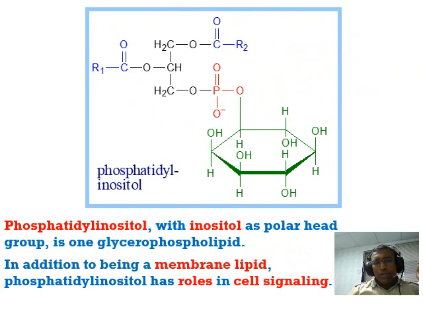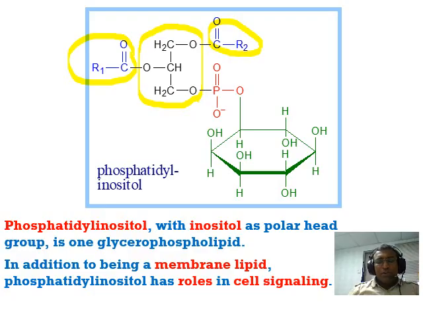So next we look at the example of phospholipid. Given here is phosphatidyl inositol, where you can see the glycerol and the two fatty acids, either same or different type.